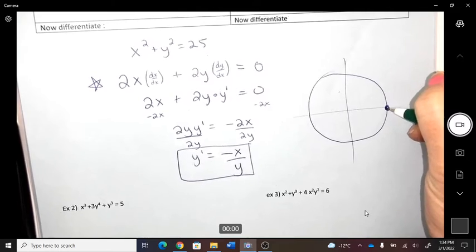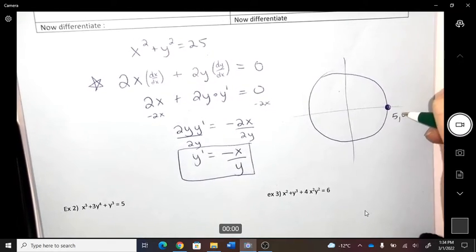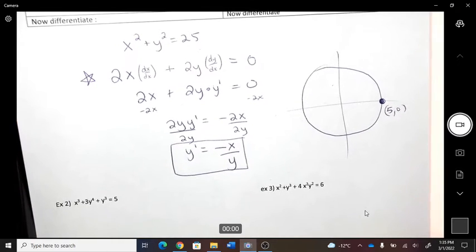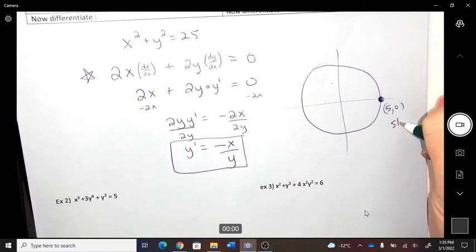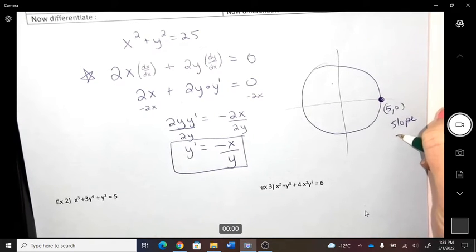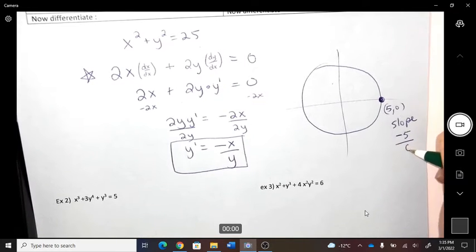So right here would be the coordinate 5, 0. The slope will be negative x divided by y.